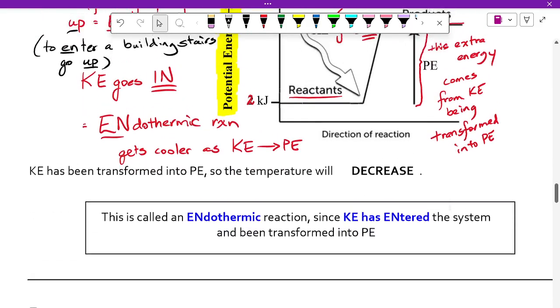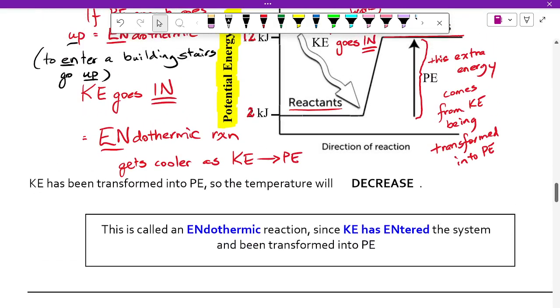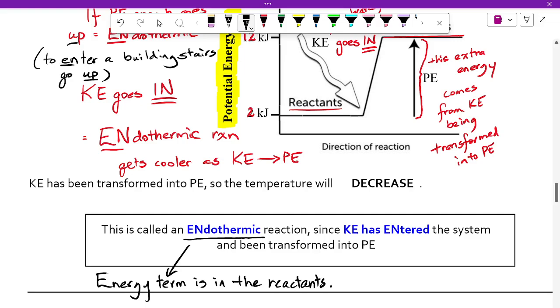The other way to recognize an endothermic reaction is that the energy term is in the reactants. Energy enters the equation.